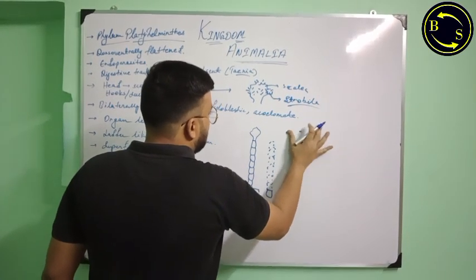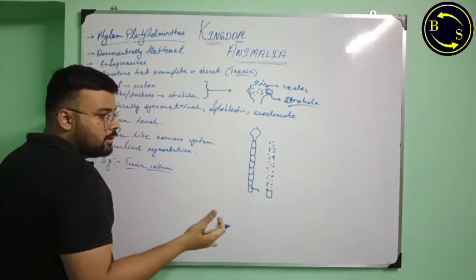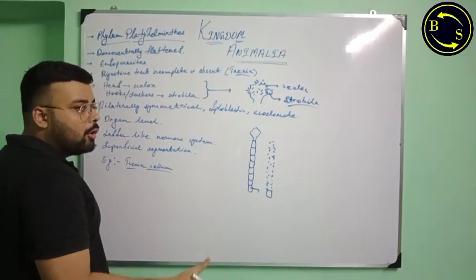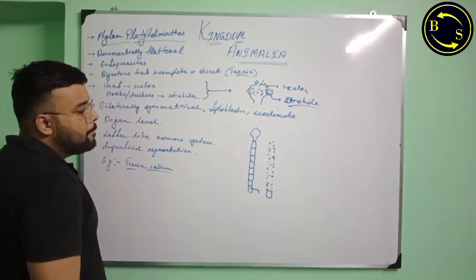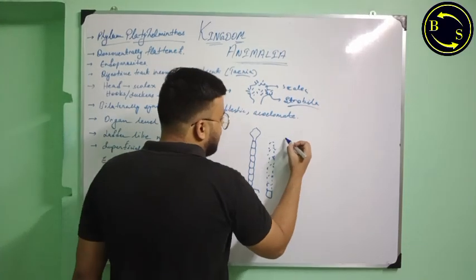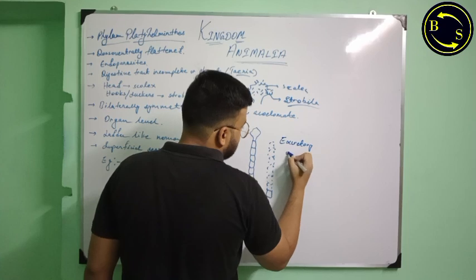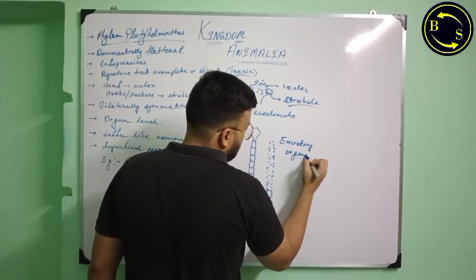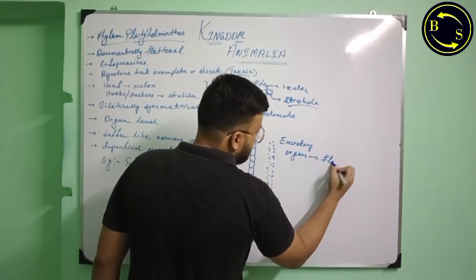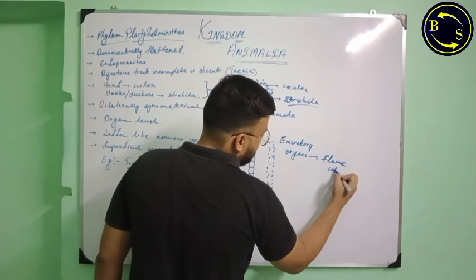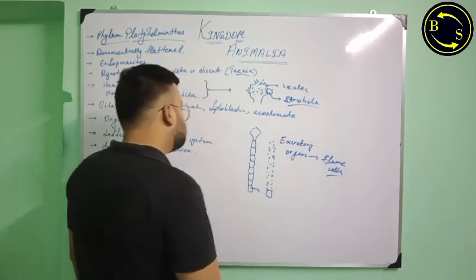I'm sorry. They're not known as nephridia. You can call them nephridia, but mainly their excretory organs have a specialized name called the flame cells. Okay, the flame cells.